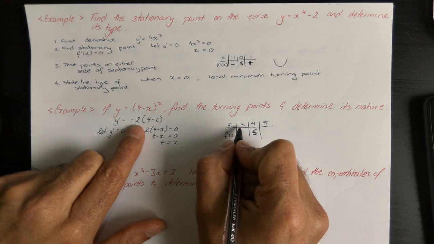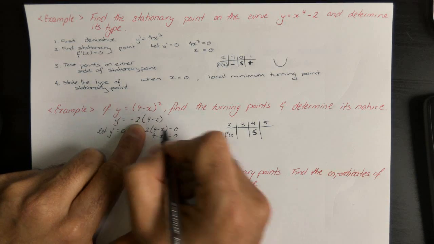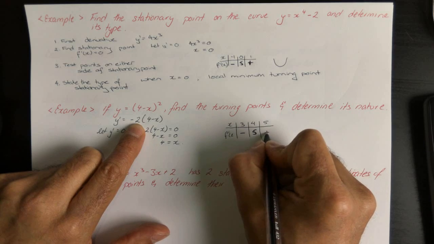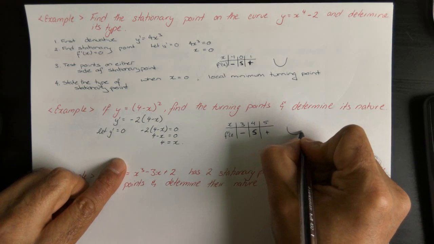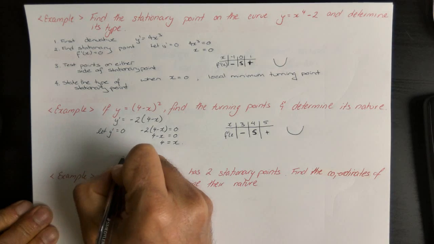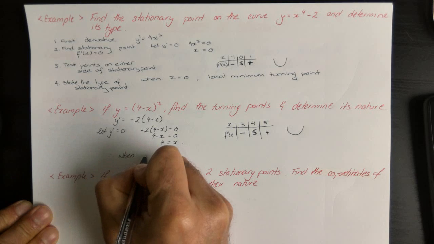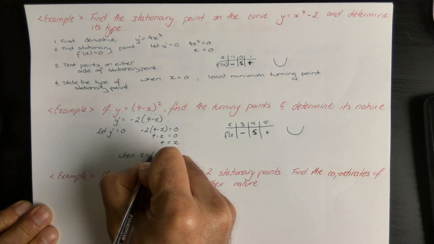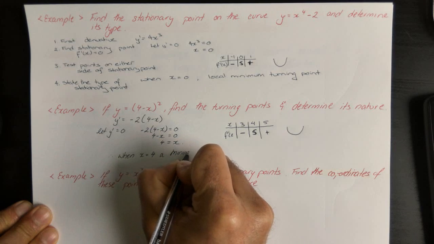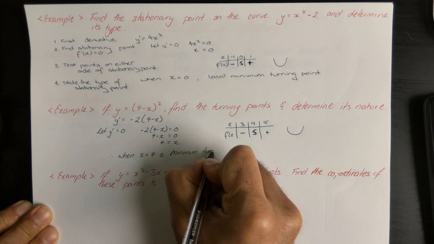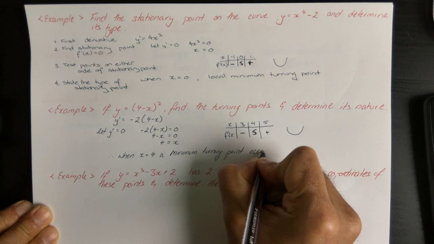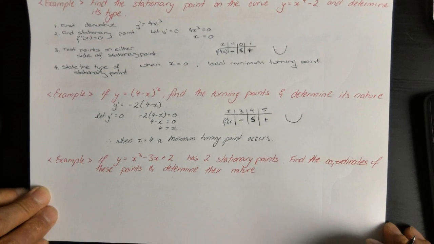When we plug in 3 into the first derivative, we get a negative number. When we plug in 5, we get a positive number. So once again, we get something that decreases to a stationary point and then increases. So when x equals 4, a minimum turning point occurs.